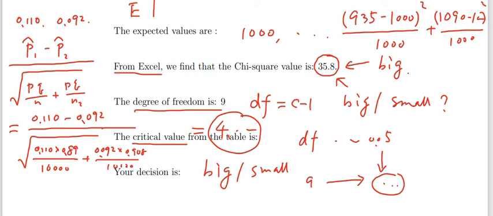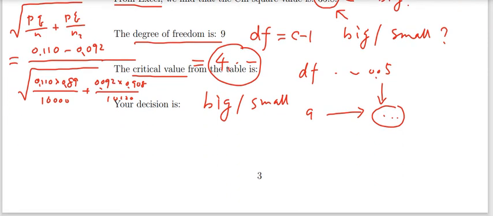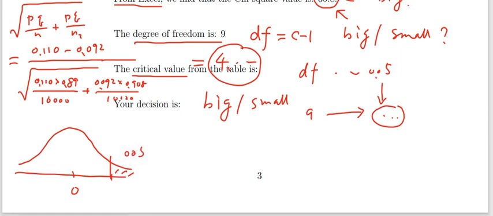So we check the Z table, find the cutoff point, the critical value, such that this is 0.005. So this is a critical value, and we find it equals 1.65.